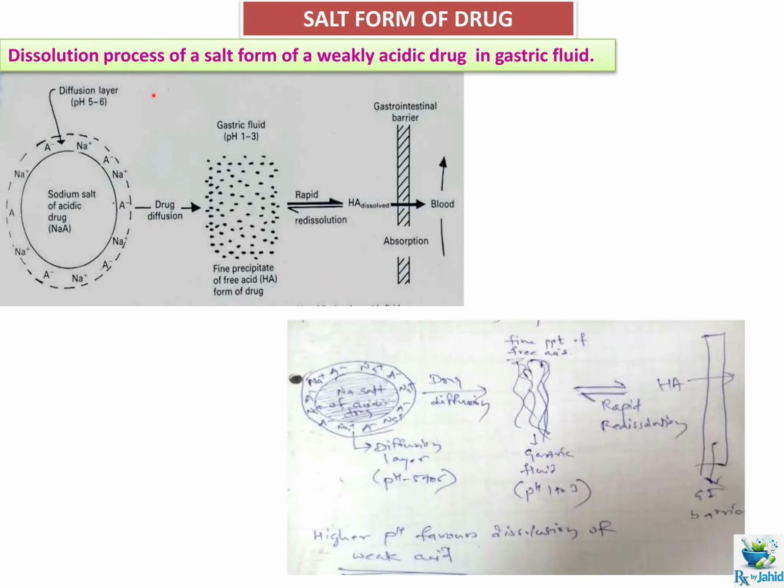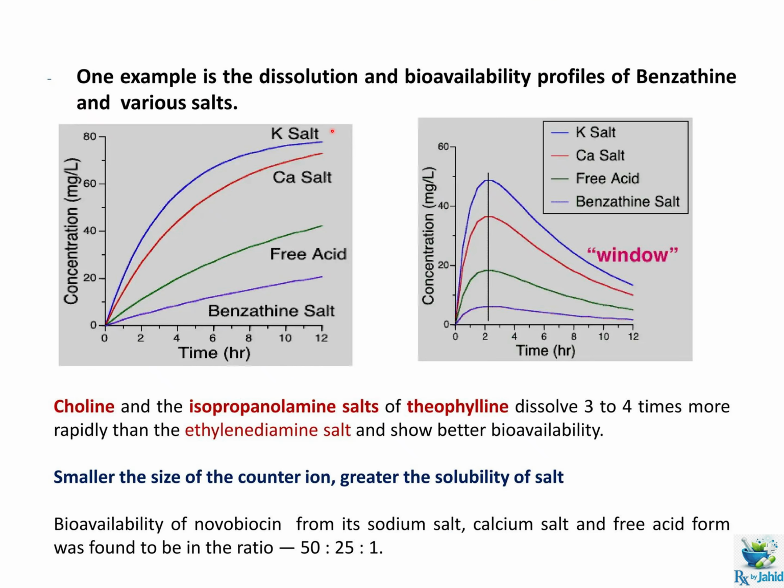So we know the dissolution process of a salt form of a weakly acidic drug in distilled fluid. Sometimes we give the drug in salt form, for example, diclofenac sodium, diclofenac potassium. There are some reasons for this. If we give any drug in a salt form, its solubility will be enhanced. And in a salt form, the smaller the size of the counter ion, the greater the solubility.